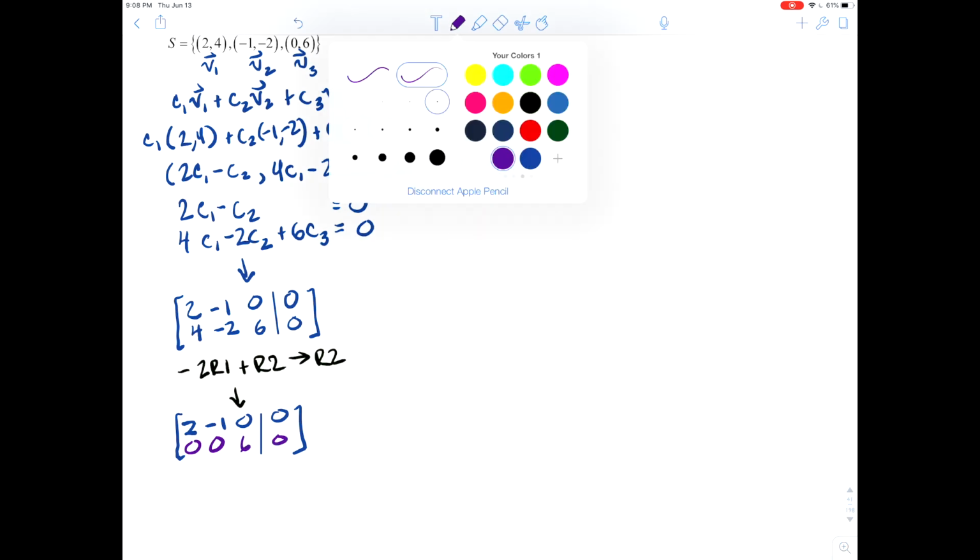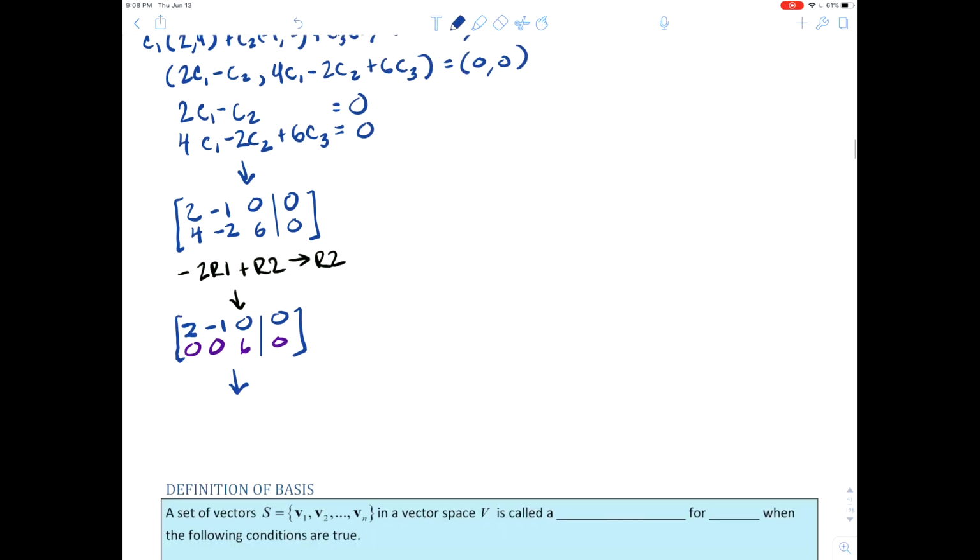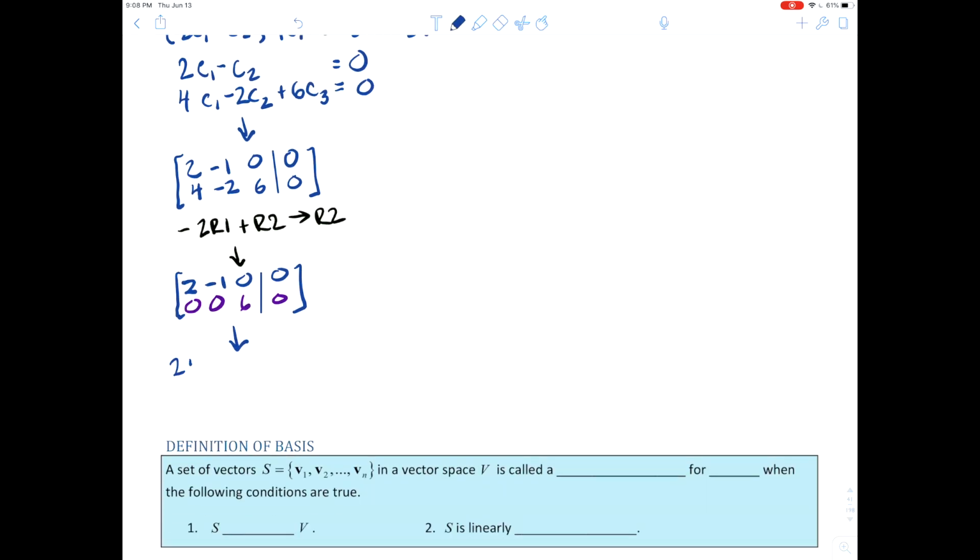Let's write this back as a system. That's going to give us 2c1 minus c2 equals 0, and then 6c3 equals 0, which means c3 is 0. So writing one in terms of the other, we get that C1 is equal to 1/2 of C2.